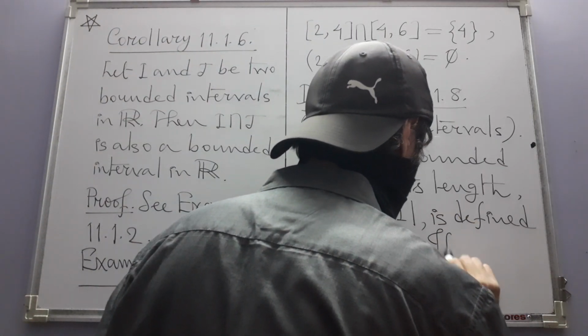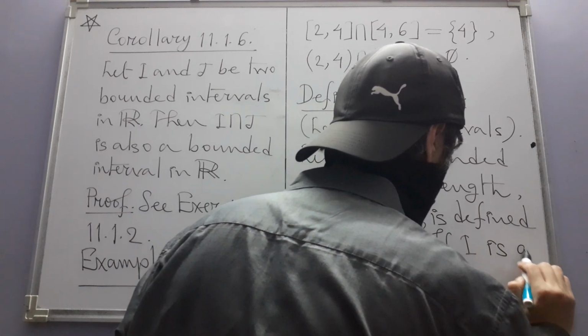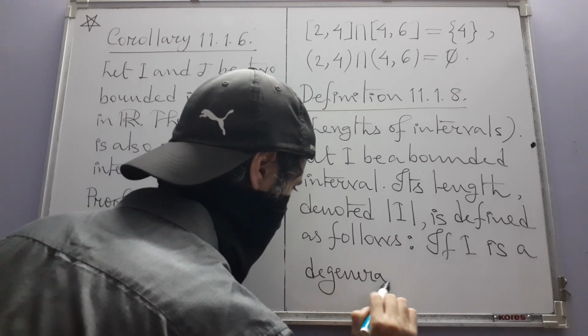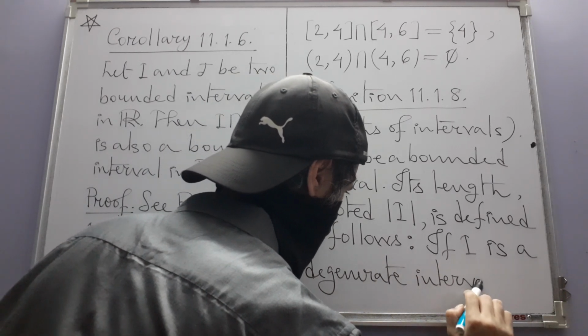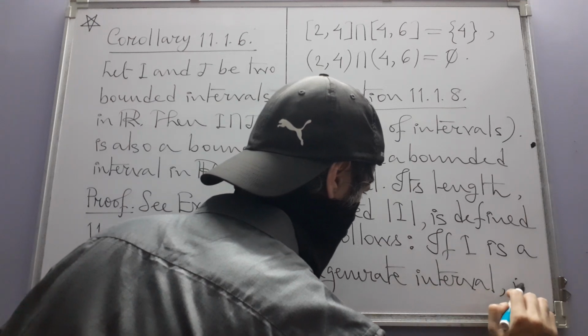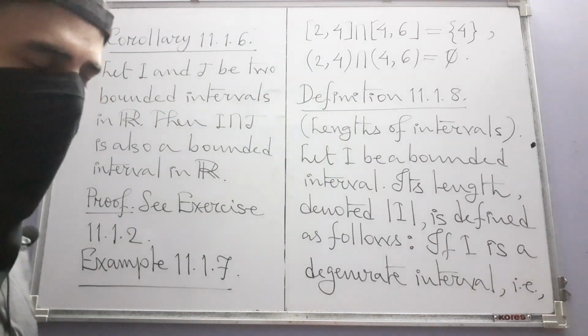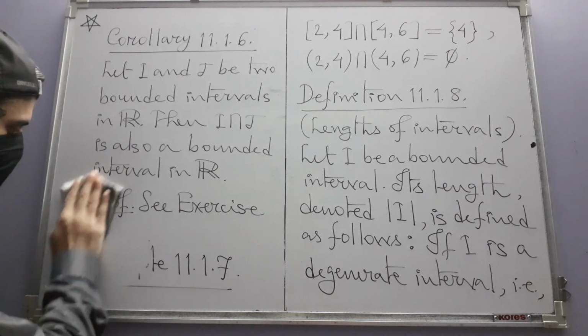If I is a degenerate interval, i.e., if I is either a singleton set or the empty set, then its length is defined to be 0.